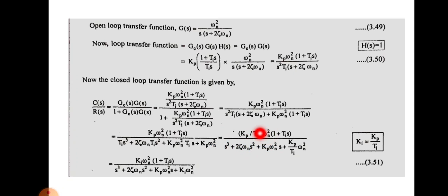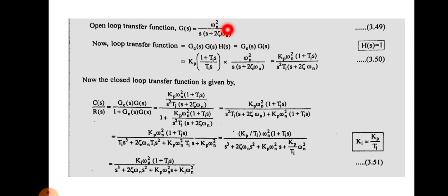So the numerator terms will have omega n square into 1 plus Ti of S divided by, when taking Ti from this term, we will get S cube plus 2 epsilon omega n S square plus Kp omega n square S plus Kp by Ti into omega n square, where Ki equal to Kp by Ti, and it can be given as Ki into omega n square into 1 plus Ti of S divided by S cube plus 2 epsilon omega n S square plus Kp into omega n square S plus Ki into omega n square. So this is the closed loop transfer function when we introduce a PI controller in the forward path.